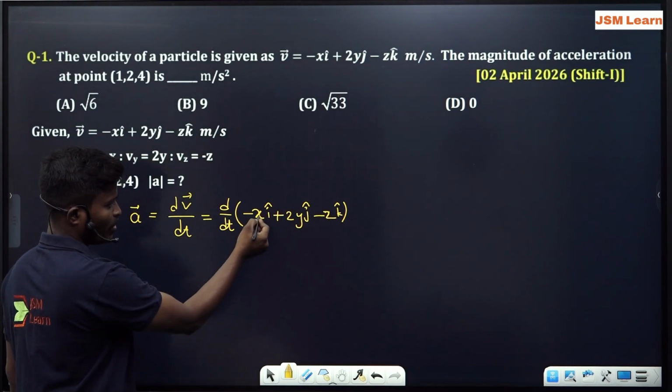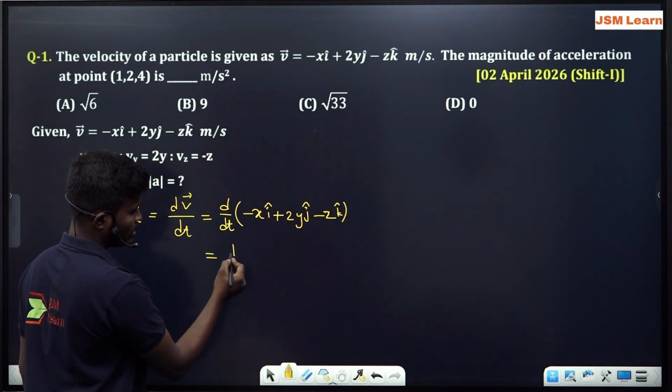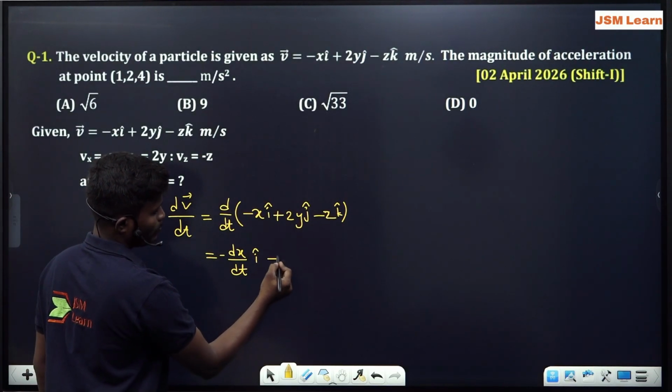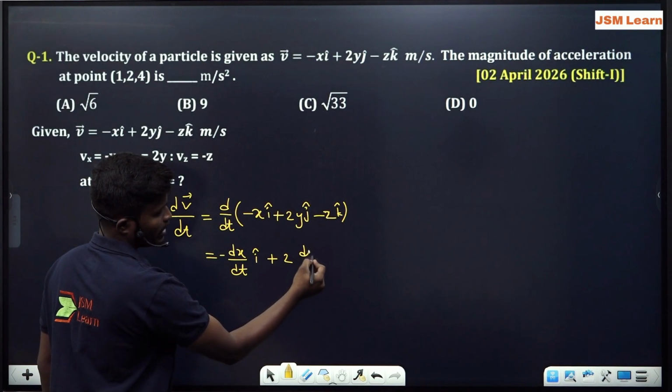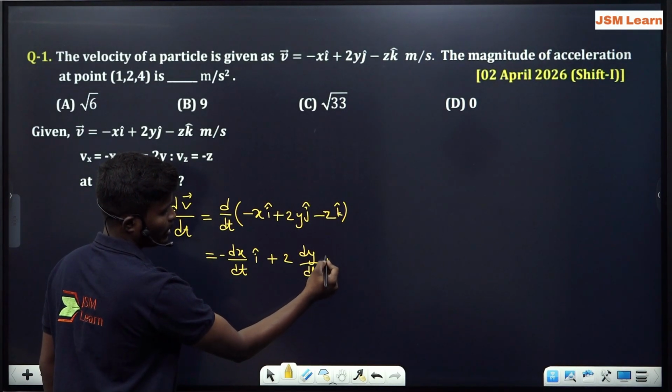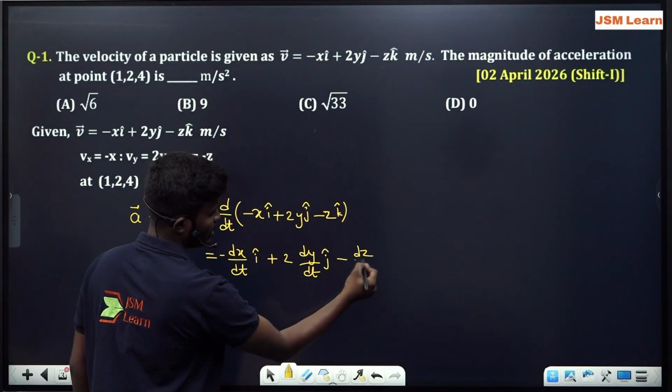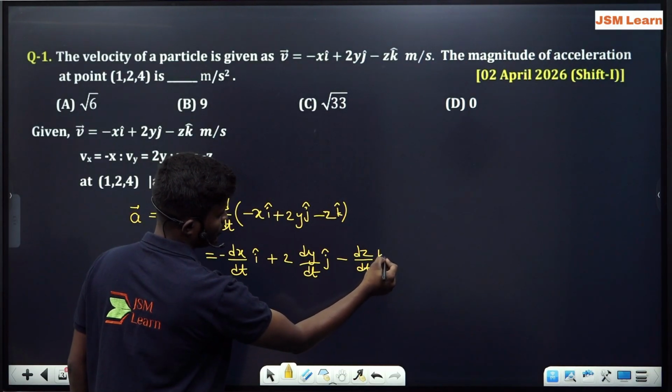Now d by dt of -x can be written as -dx by dt i cap, plus 2 into dy by dt into j cap, and next -dz by dt into k cap.